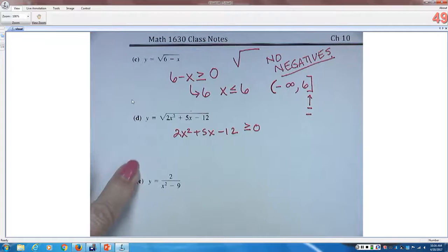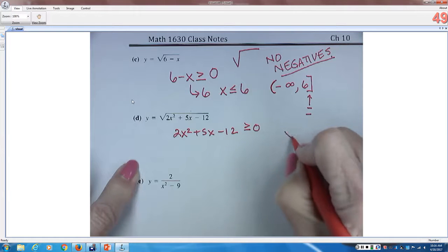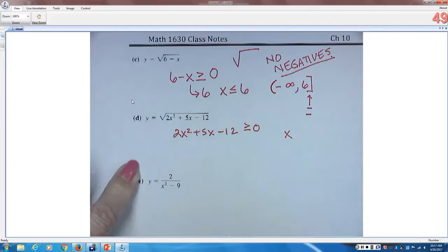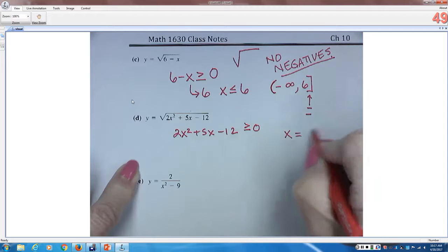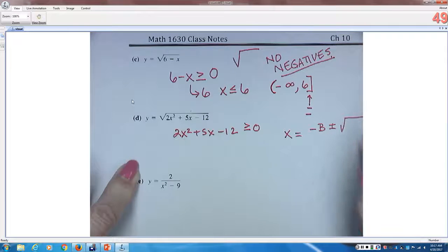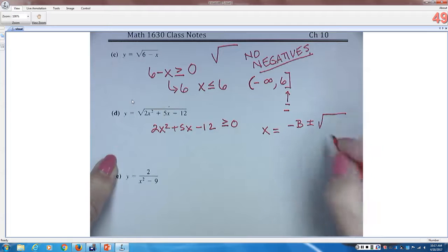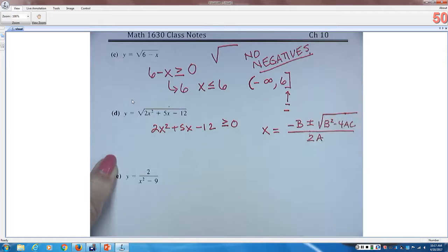Now, you can factor that if you want to. But you will have the quadratic formula on your test so that you can use it. The quadratic formula says x equals the opposite of b plus or minus the square root of b squared minus 4ac, over 2a. That's always going to work if you're trying to solve a quadratic equation.